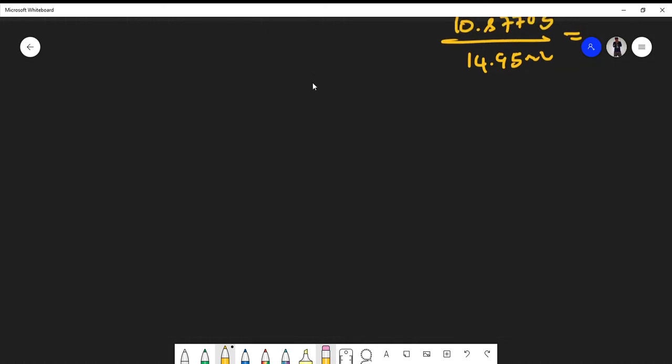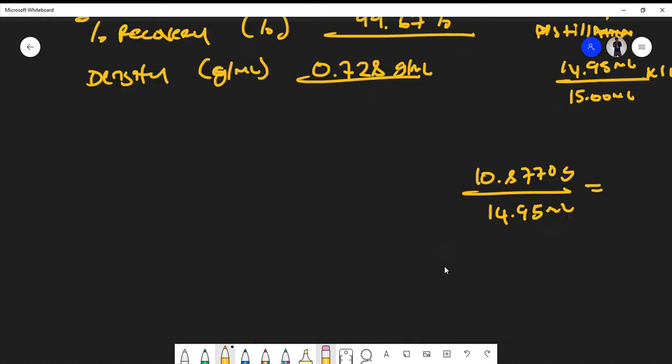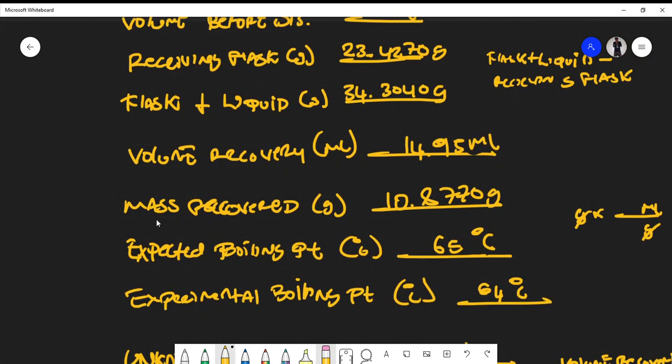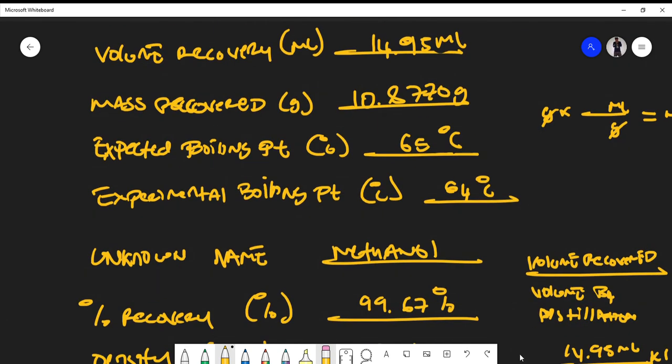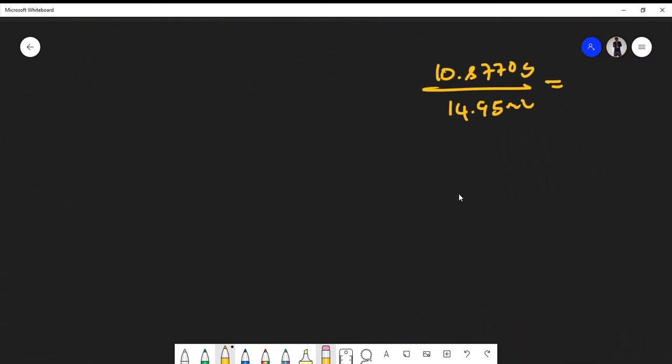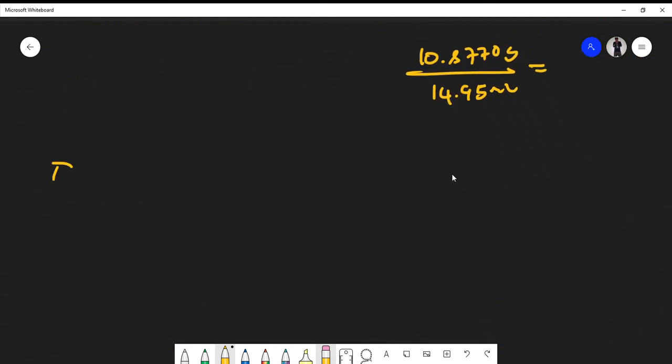For the solid, let's label this. So this was for the liquid section, so this is data for liquid. And let's look at the data for the solid. Again, the solid flask that you got is an unknown, right?